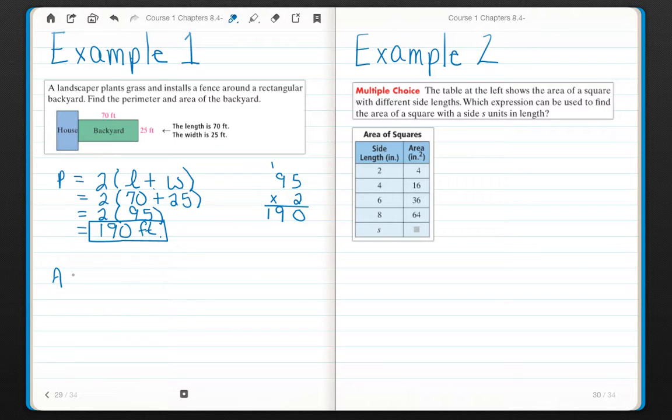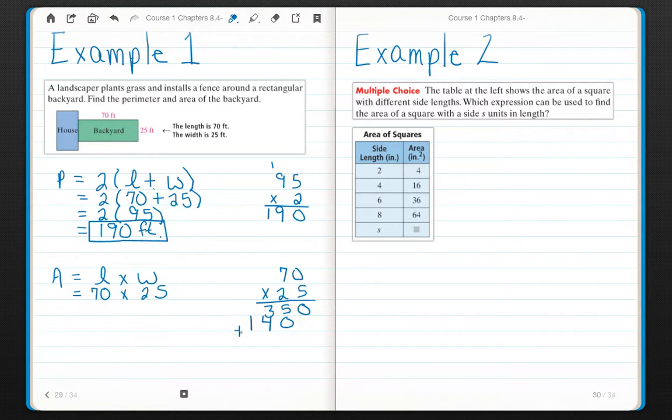Area is equal to length times width, which is equal to 70 times 25. Again, come over here and use my scratch paper. 70 times 25. 0, 35, 0, 14.